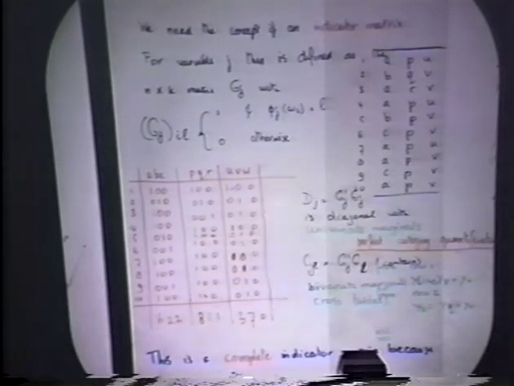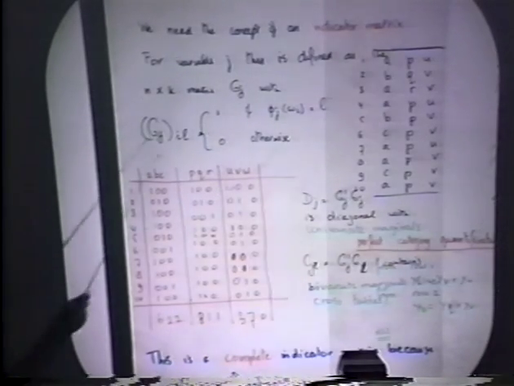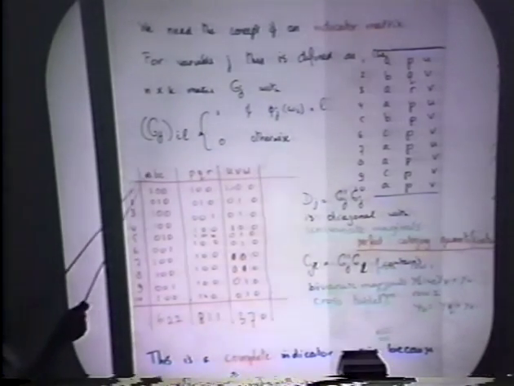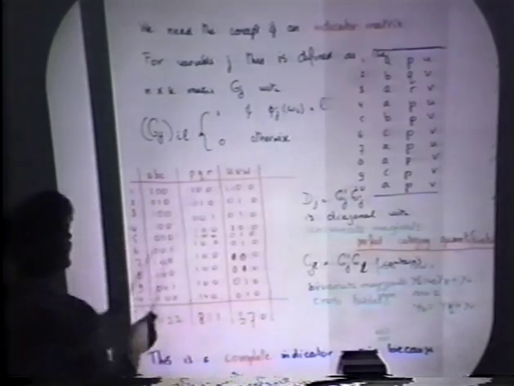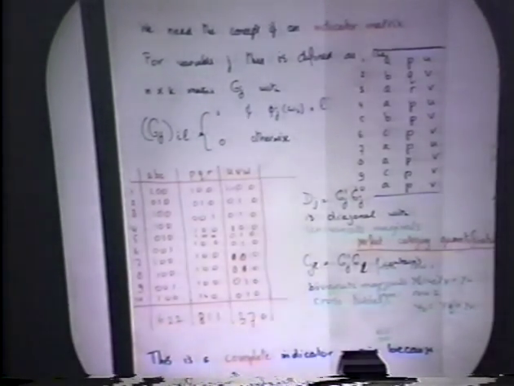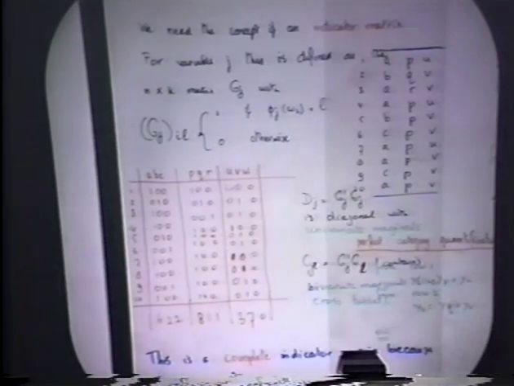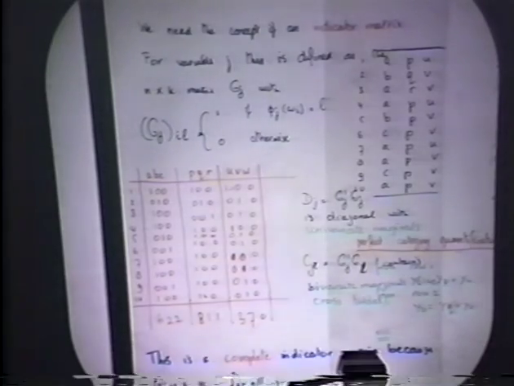The ij element of this matrix G1 is equal to 1 if the object is in the category in this corresponding row and column, and it's equal to 0 otherwise. So everything which has an A here gets a 1 in the first column there, and everything which has a B gets a 1 in the second column. Now this immediately shows why all rows add up to 1, because everything has to be in at least one category, exactly one category.